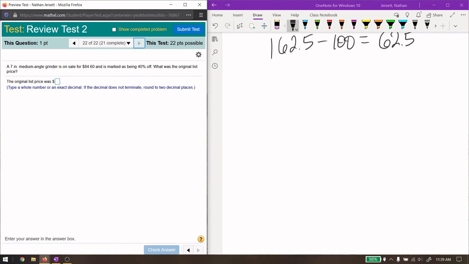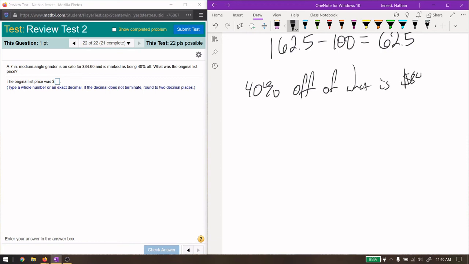I can say this: 40% off of what is $84.60? And now you can see directly, the of what is our baseline measurement, and this is our part measurement.